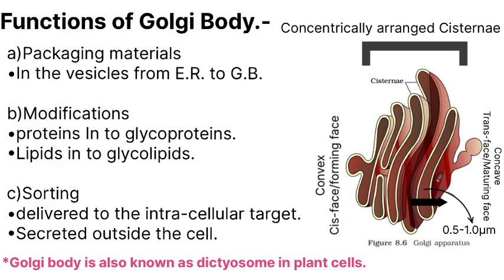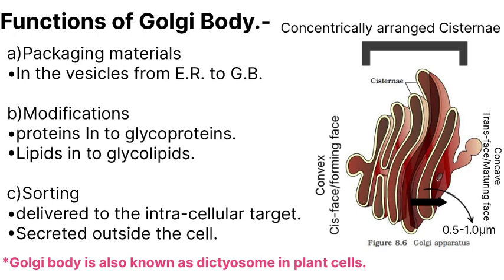And some of the vesicles fuse with the cell membrane and release their contents out of the cell as secretory material by the process of exocytosis, and some other vesicles move towards the cell membrane and merge by adding new proteins and lipids to the plasma membrane.